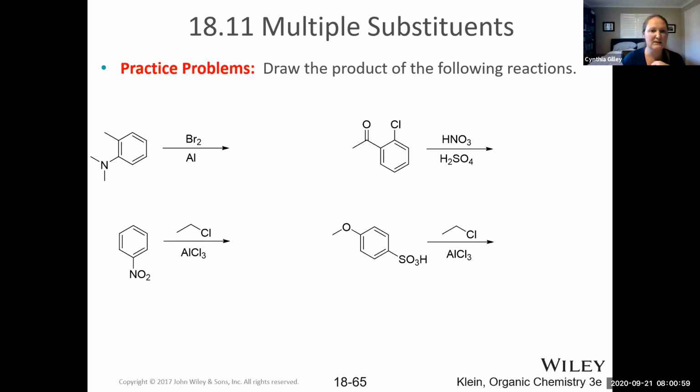So we always listen to the strongest activating group first if there's any discrepancy between the two. And if not, maybe steric hindrance will be the dominant factor. So go ahead and try to predict where all these incoming electrophiles would go and draw the major product of this reaction. And we'll go over the answers shortly.